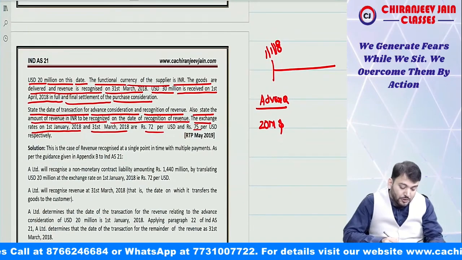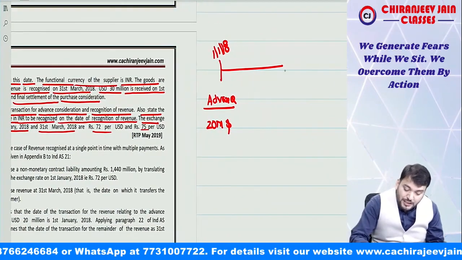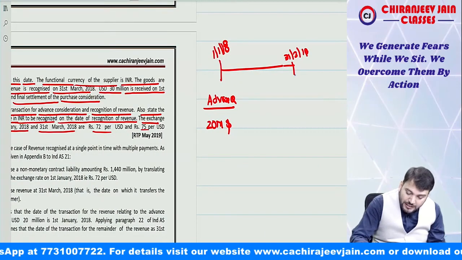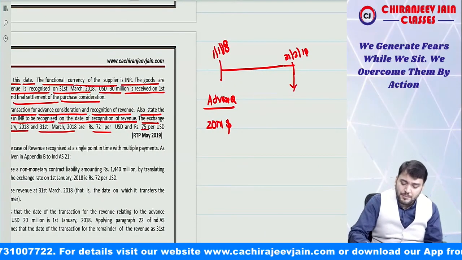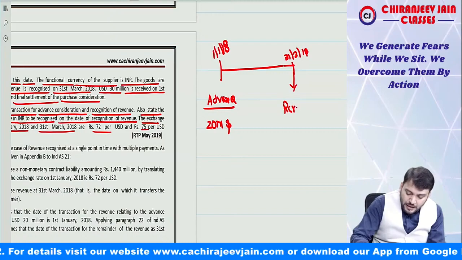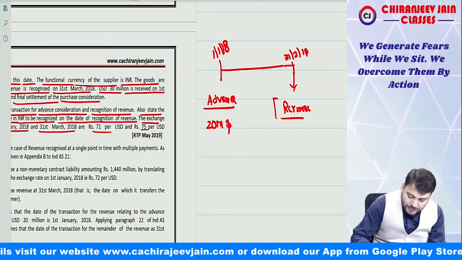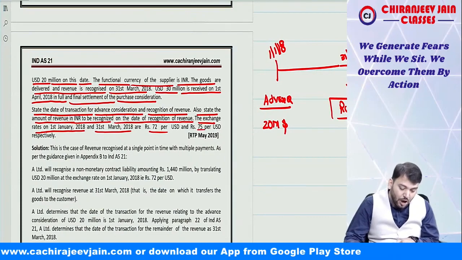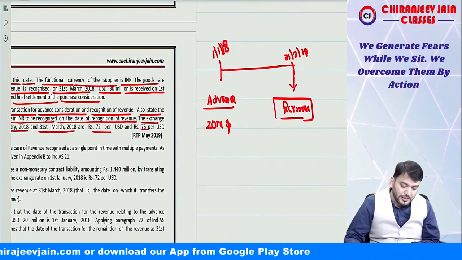Goods are delivered and revenue is recognized on 31st March. On 31st March 2018, as per Ind AS 115, let us assume revenue is recognized. And the entire amount was received on which date? On 1st April 2018.